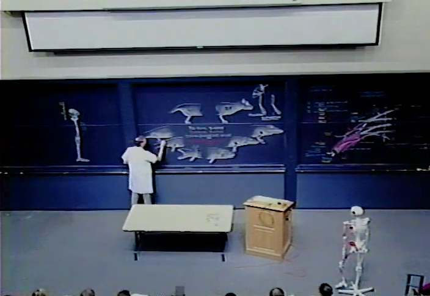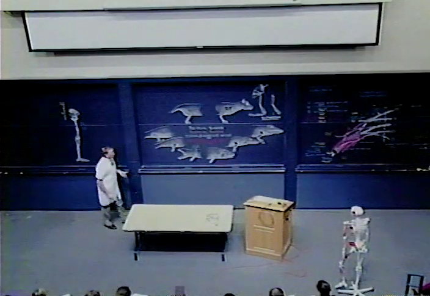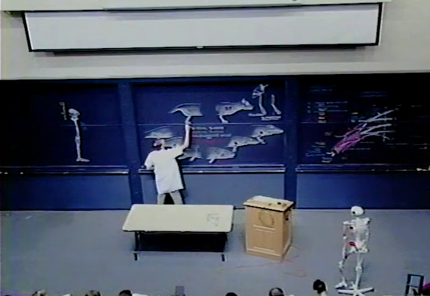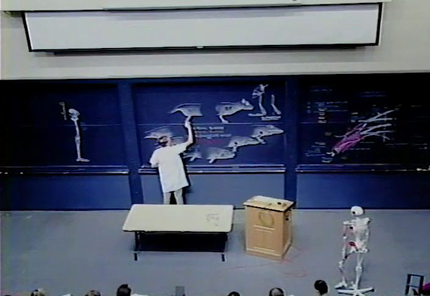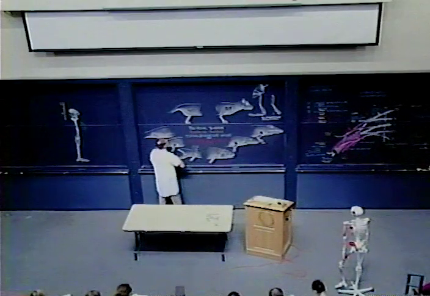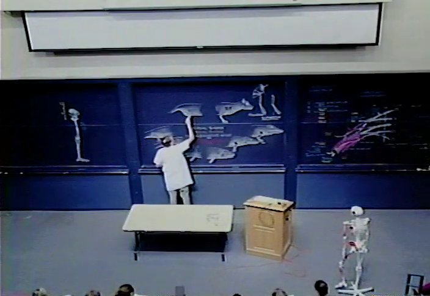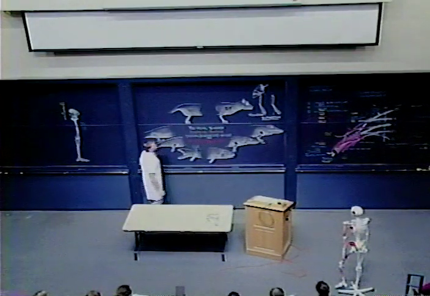And if you also rotate the foot forward, then you have a postaxial border, which on a mammal looks like that, and a preaxial border, which is over here and here and here.